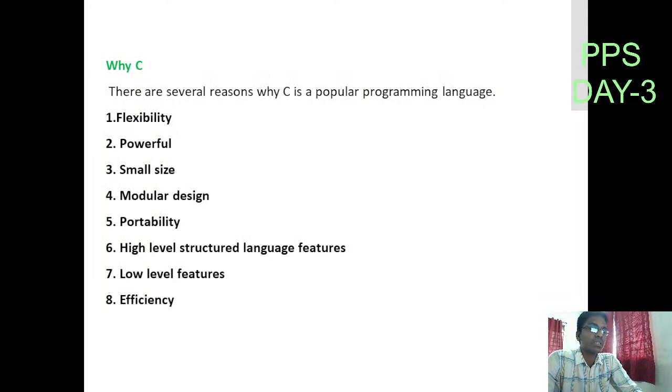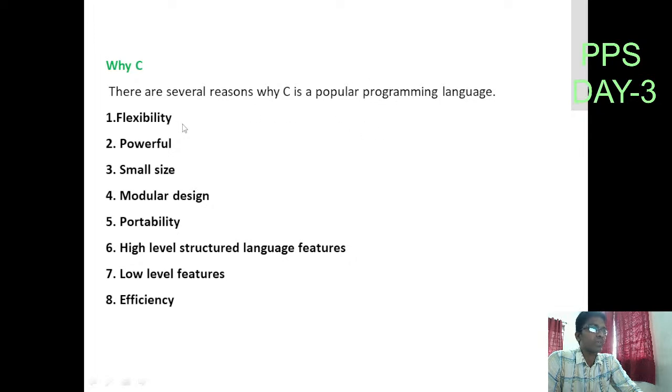You can run the program on any machine, which means we can run the same program in Windows 7 or Windows XP and so on. So it is very flexible. Why? Because it contains a small number of keywords. If you know the 32 keywords in C programming, then we can write in this programming language very easily.